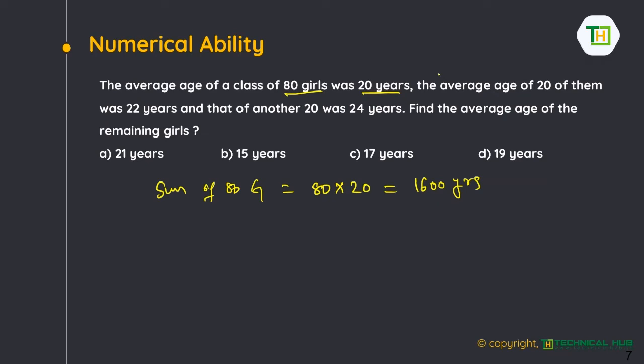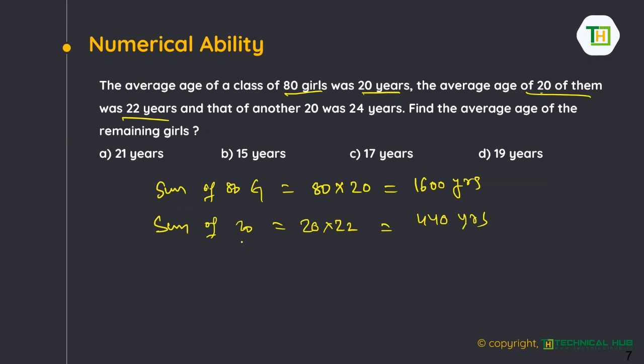And next, the average age of 20 of them was 22 years. Here, the average of 20 members is already given. Therefore, the sum of those 20 members is equal to 20 into the average 22, which is equal to 440 years.